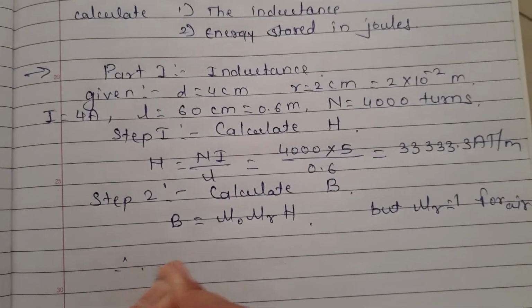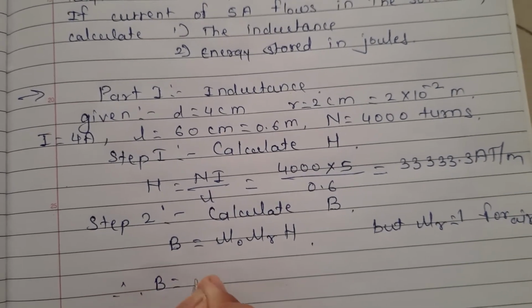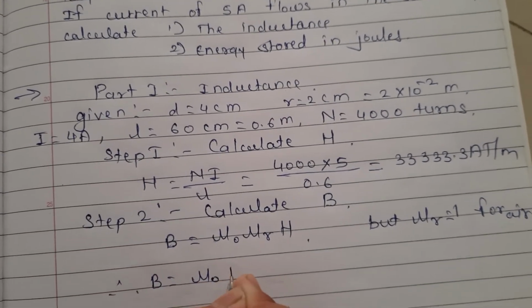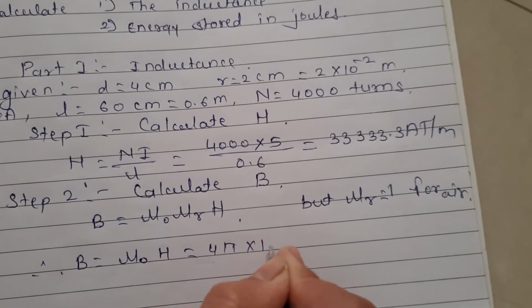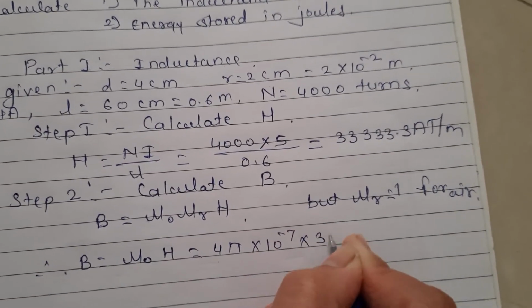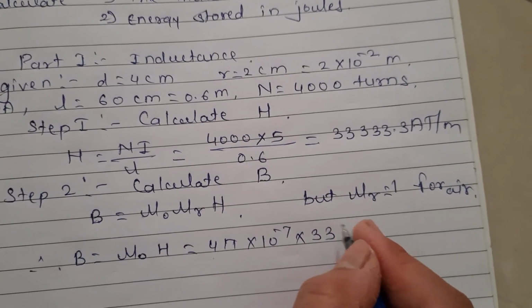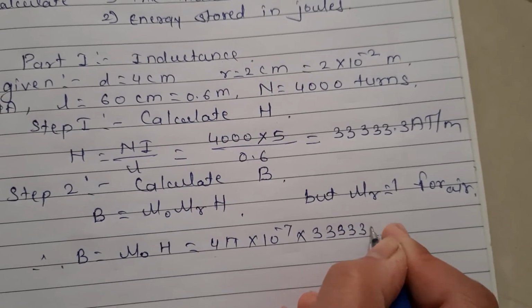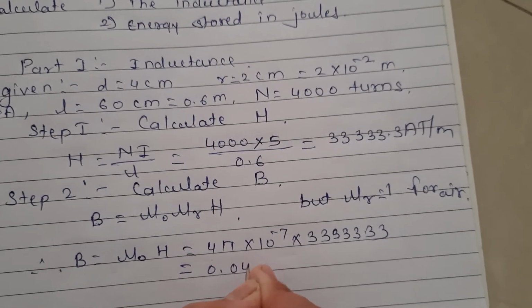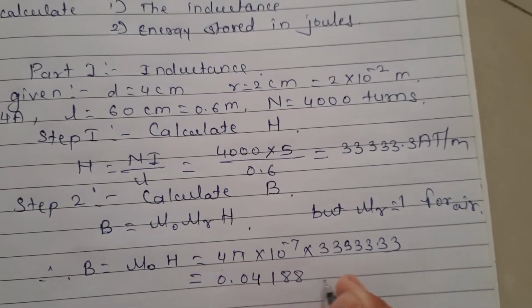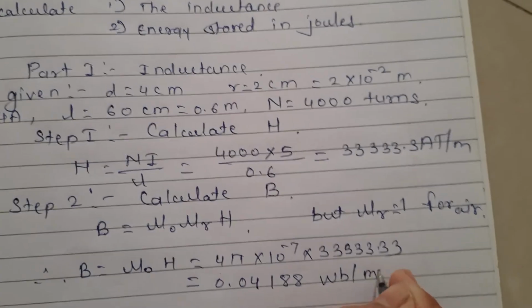So we write B is equal to mu 0 into H. Now mu 0 is, and what is H? 0.33. So its answer is 0.04188 Weber per meter square.